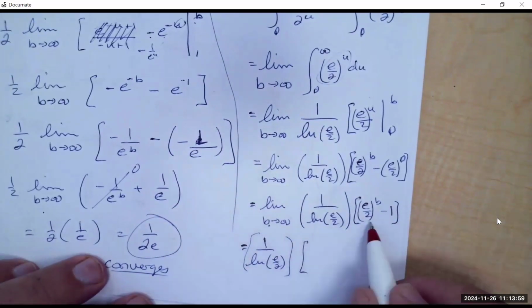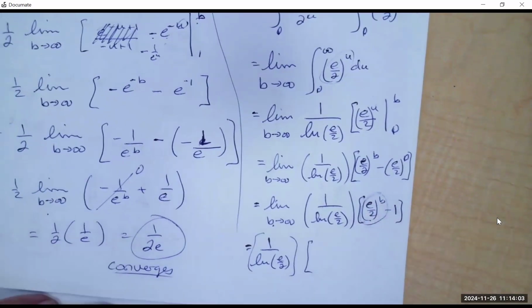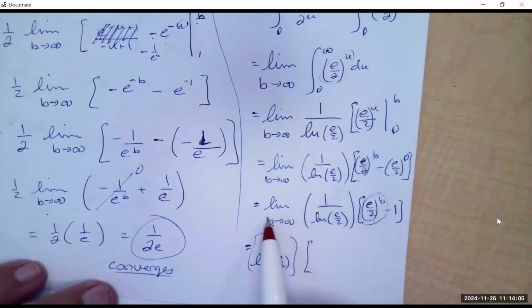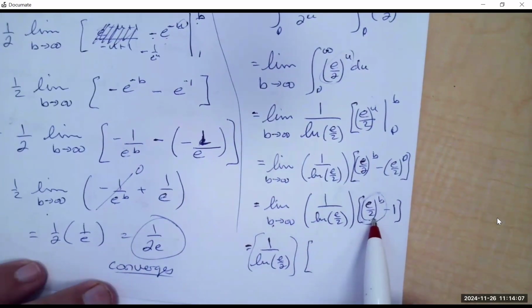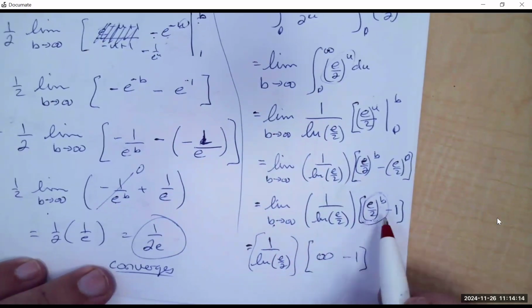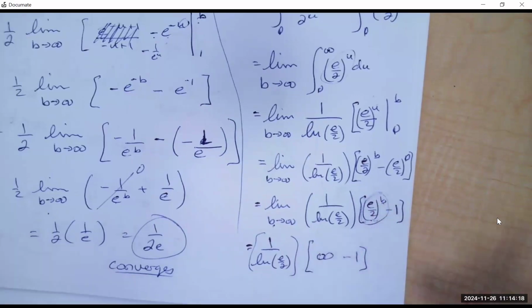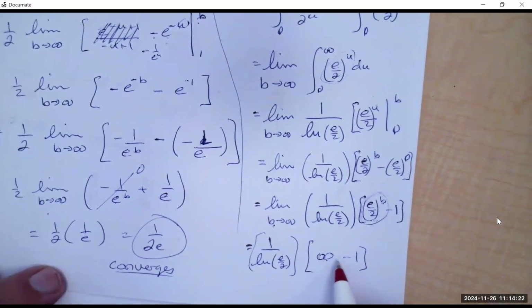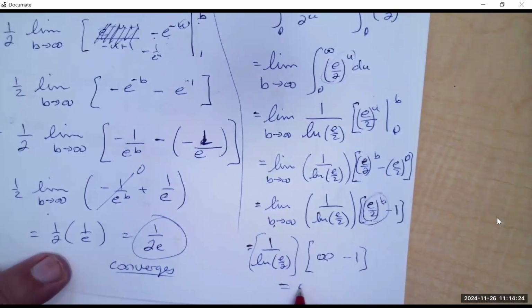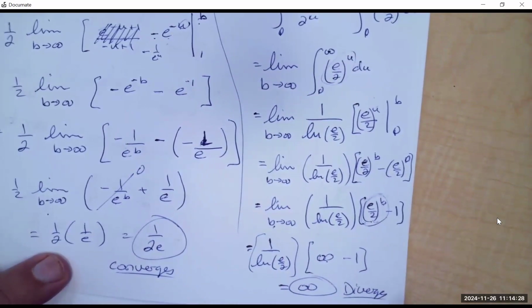Now, as b goes to infinity, what happens to this number? Since it's an exponent, e over 2 is a constant number greater than 1. As the exponent gets bigger, it gets bigger and bigger, so it goes to infinity. So anything times infinity is infinity. So it diverges.